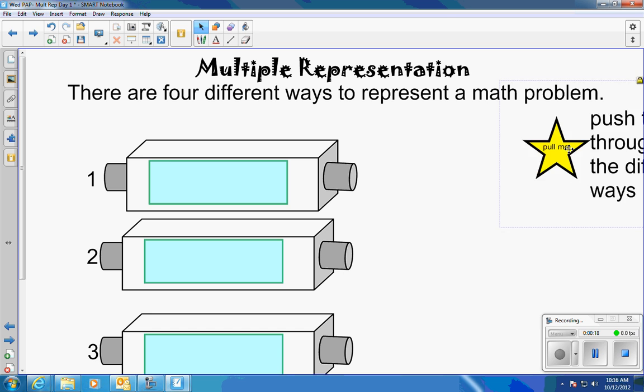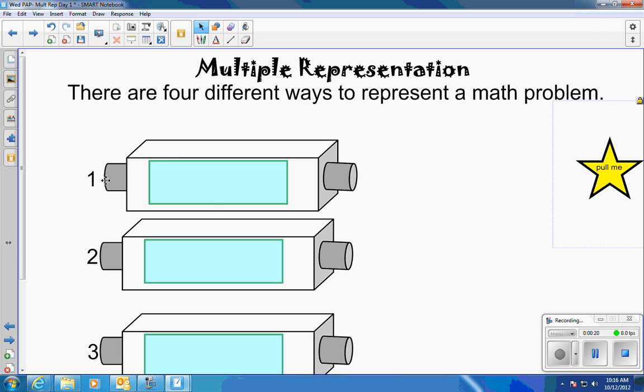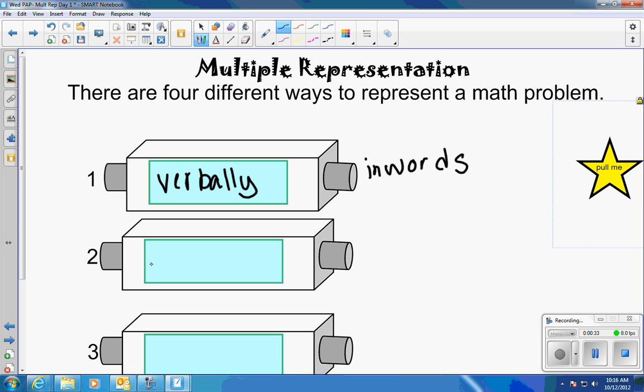This isn't really working for me, so we'll just write it. You can write it verbally, so this is in words. You can write a graph.